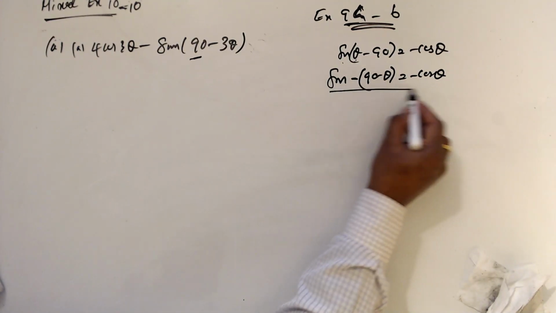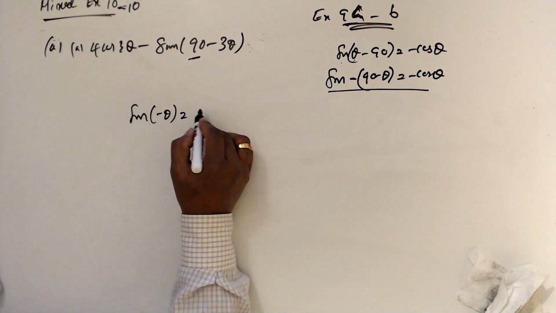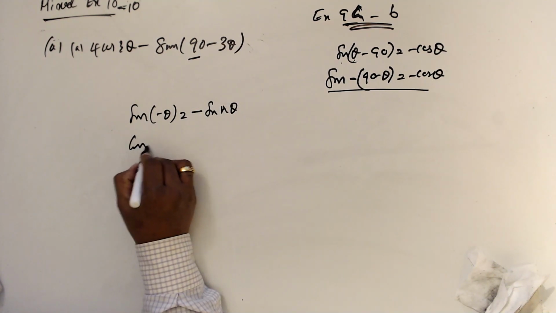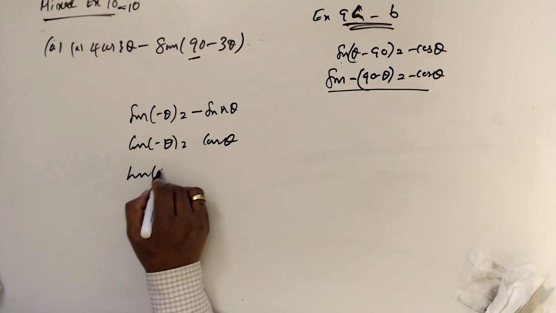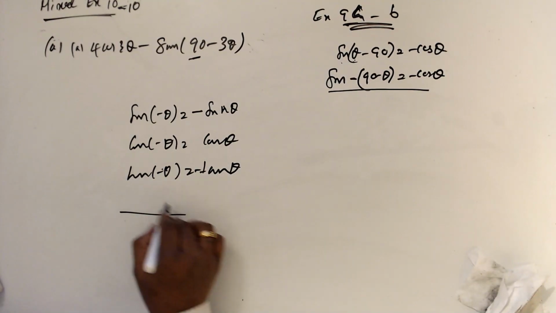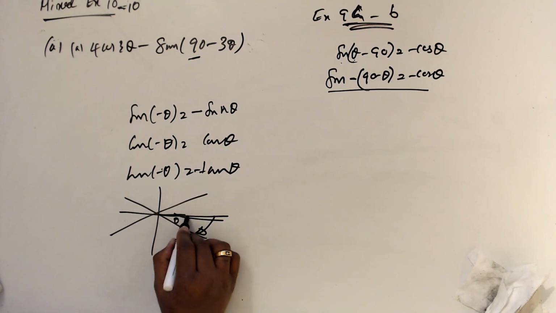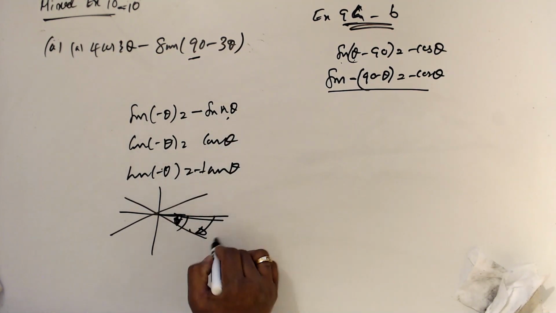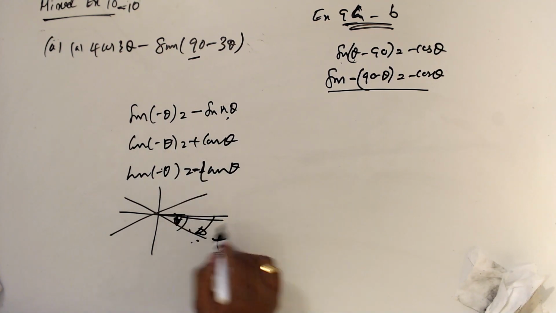Now we work out that sine of minus theta equals minus sine theta, cos of minus theta equals cos theta, and tan of minus theta equals minus tan theta, because minus theta means this angle. In this quadrant, sine is negative, cos is positive, and tan is negative.